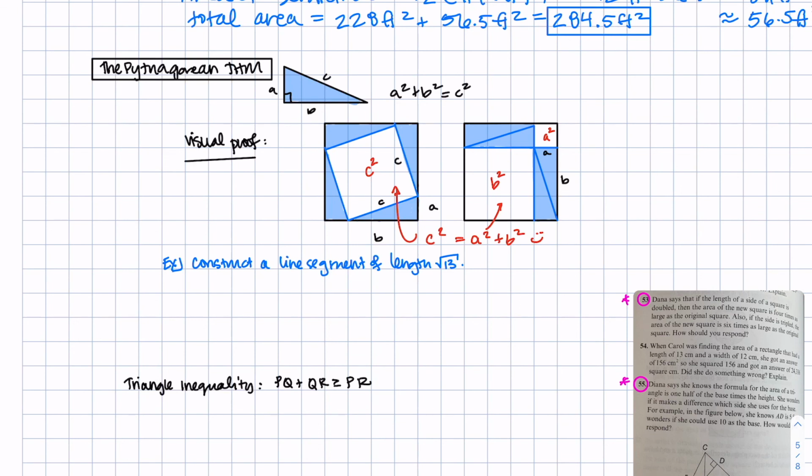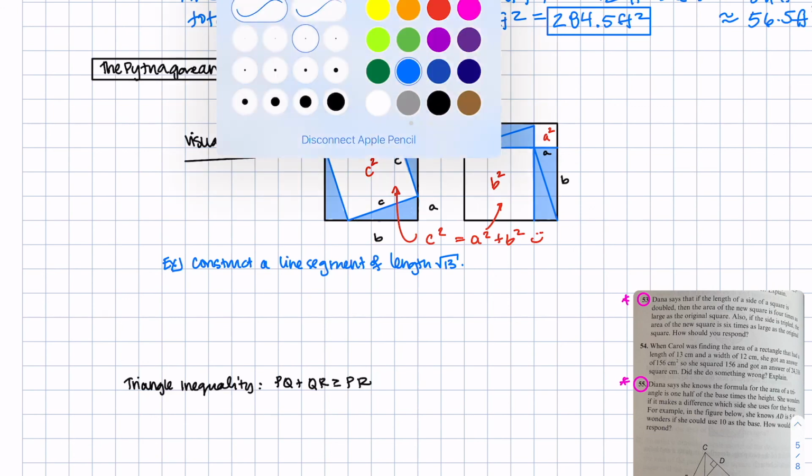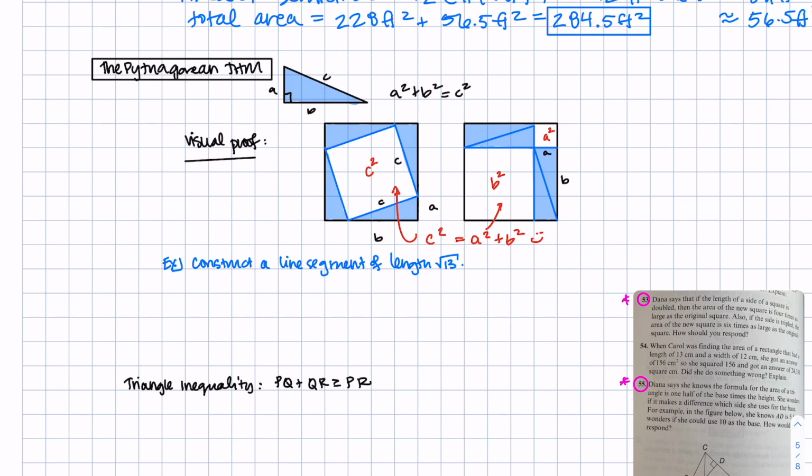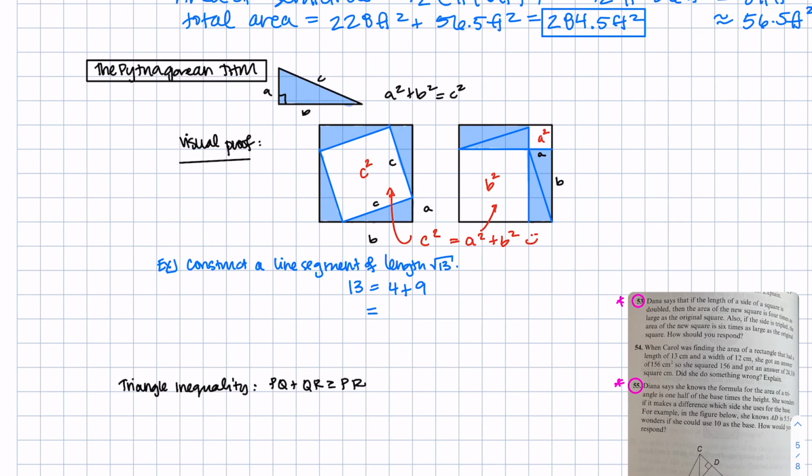So the square root of 13 is an irrational number, because 13 is a prime and we're taking the square root of a prime. The way I would do this is I notice that 13 is equal to 4 plus 9, and 4 is just 2 squared, and 9 is 3 squared.